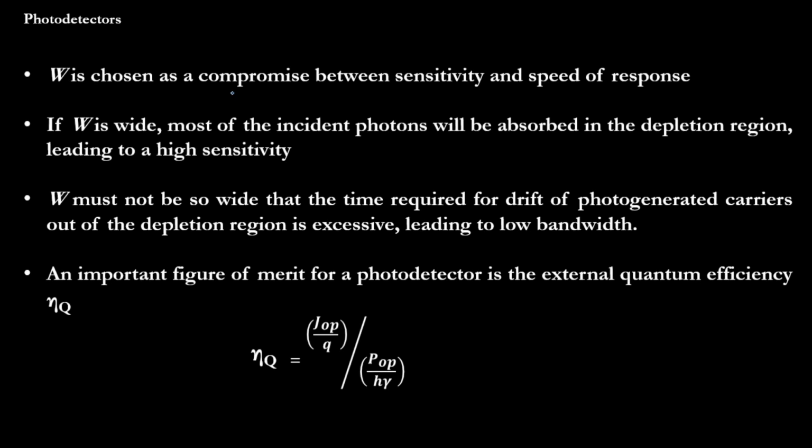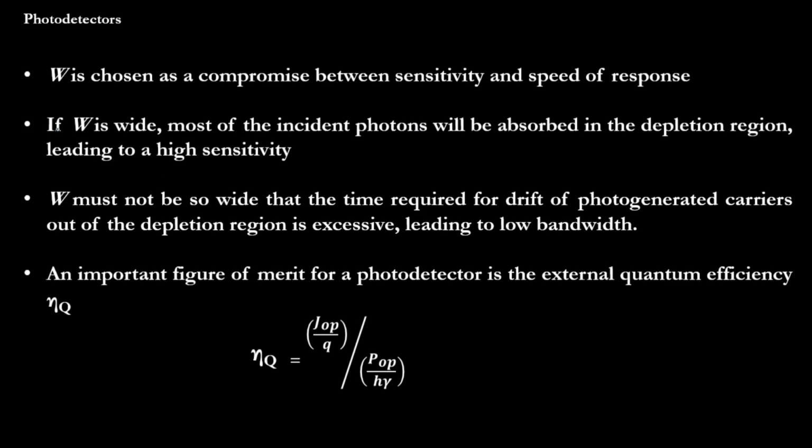So if all the photons are falling only on the depletion region, the sensitivity will be more because there is an existing electric field that will transport the carriers towards the anode and cathode side. Sensitivity will be more if you keep the maximum. What about the speed of response?